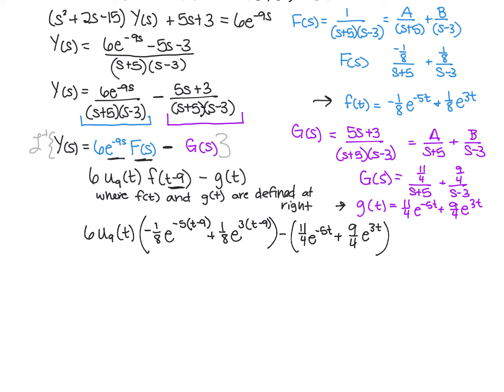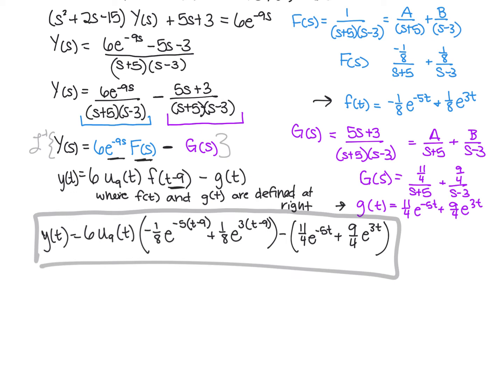And this would be my function, my y of t. I lost my y of t up here. So this is my answer. So it's a little bit more involved, and we get some interesting results with this Dirac delta function.